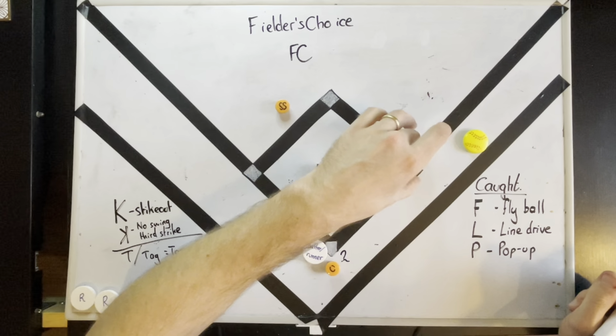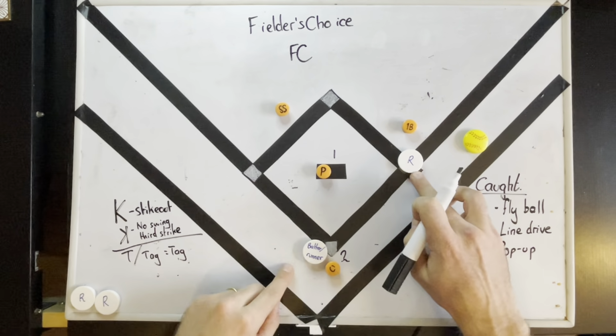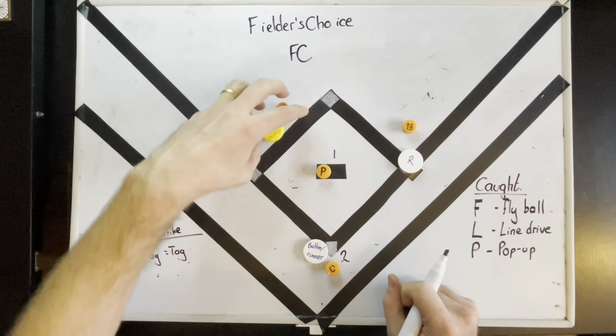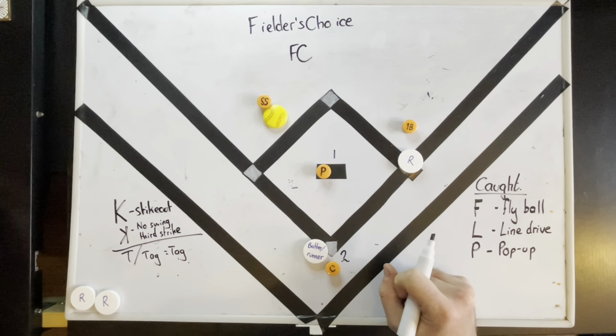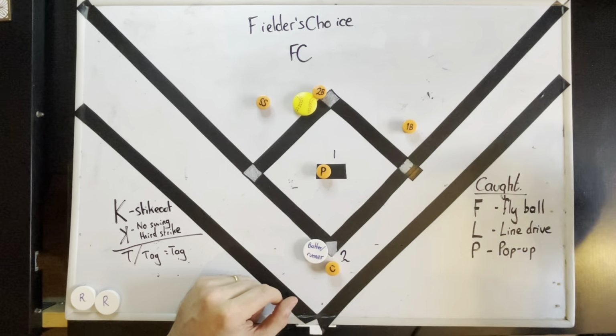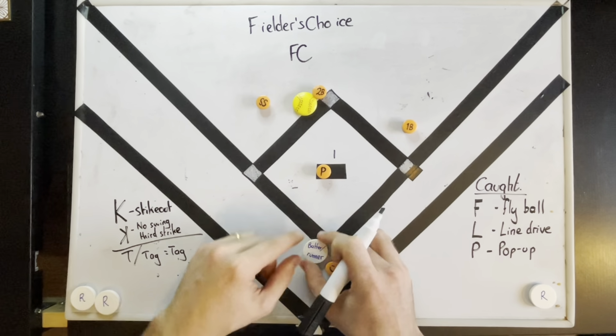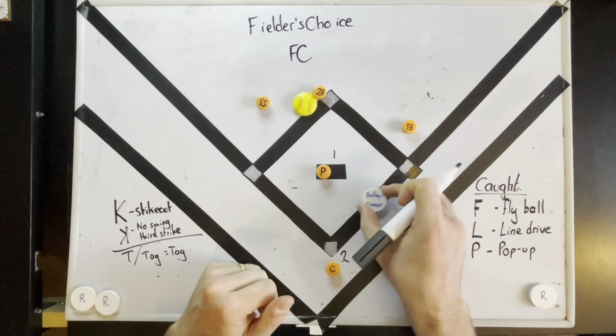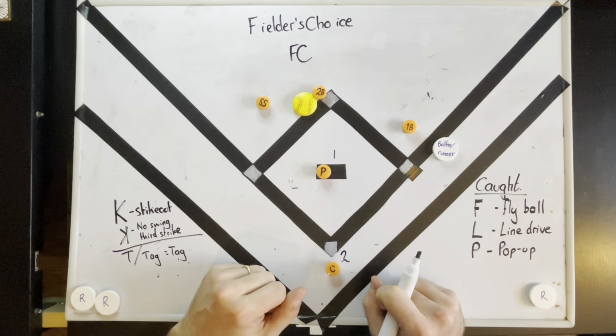Well, assume that we have a runner on first and a batter runner. The ball is hit and it's a nice fielding play. Across comes second base and gets the out at 2. So the runner is out. However, I've managed to get all the way to first base.